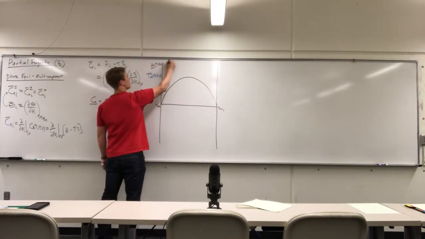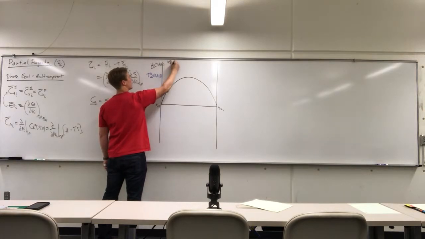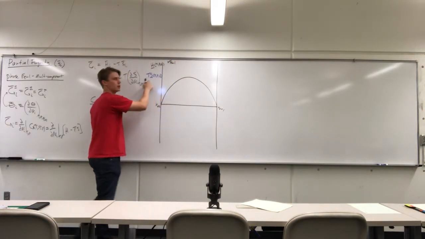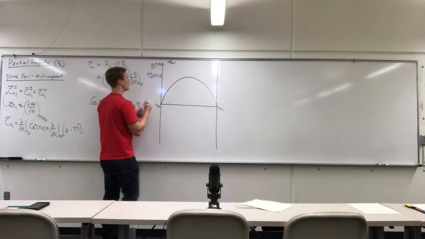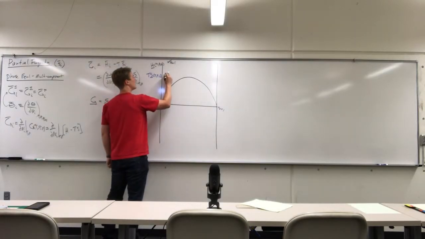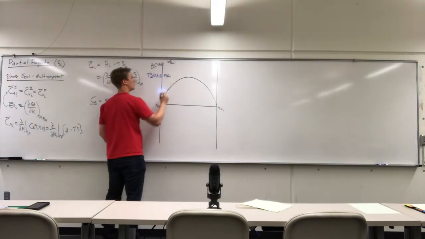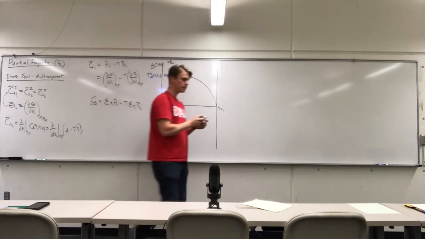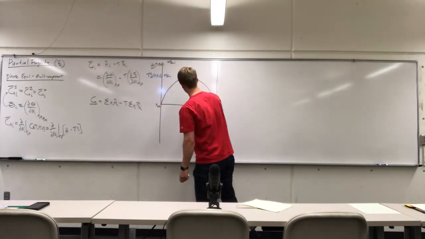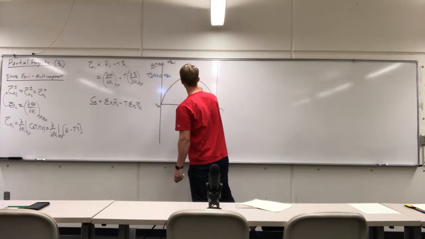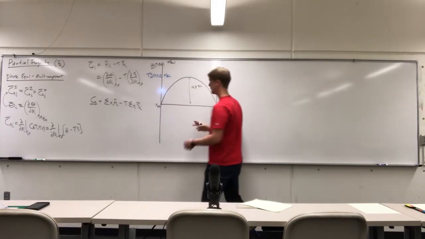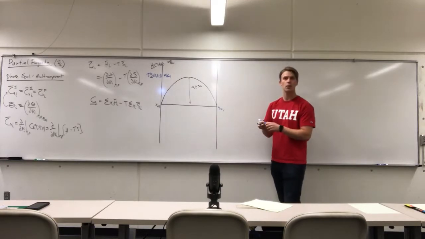We can have units here of kilojoules per mole. When you multiply temperature and entropy, this also comes out to kilojoules per mole. We have a positive delta H of mixing. Delta H is greater than 0. That would be for an endothermic process.